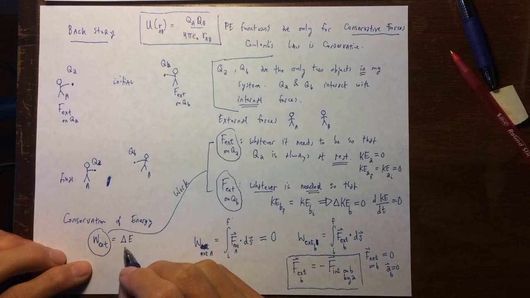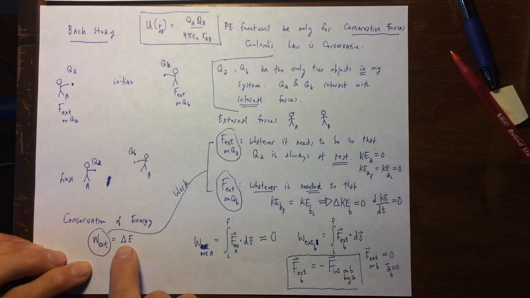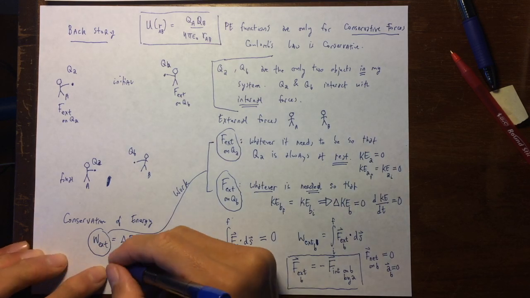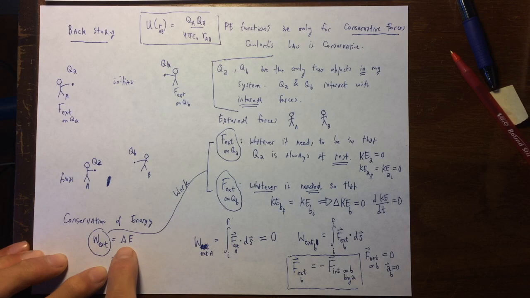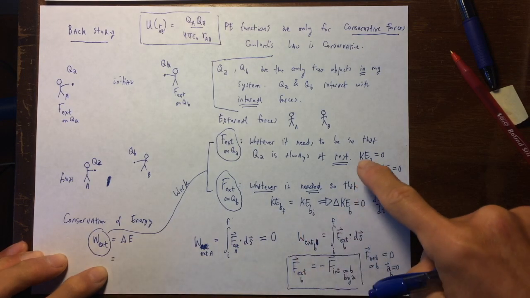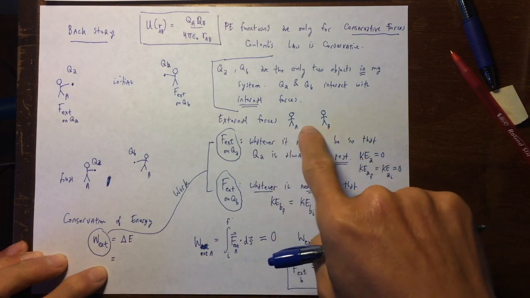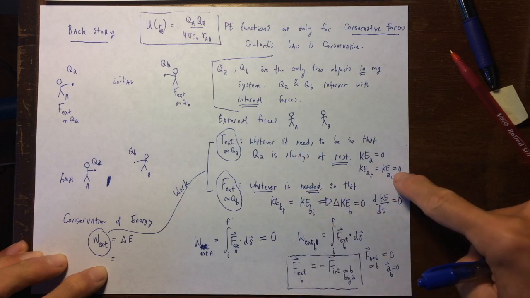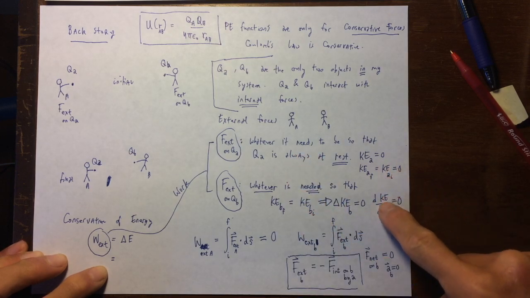So the external work is this business here. It's how the system's energy is going to change. And the way the system's energy is going to change, well, I've given these little people directives to not allow either kinetic energy to change.